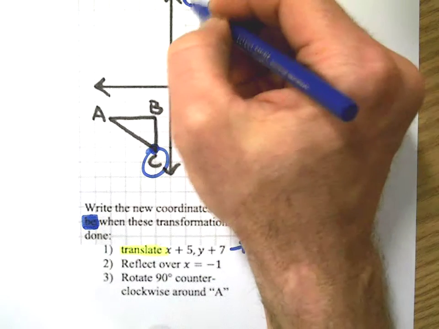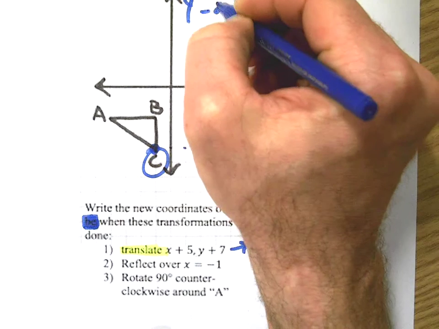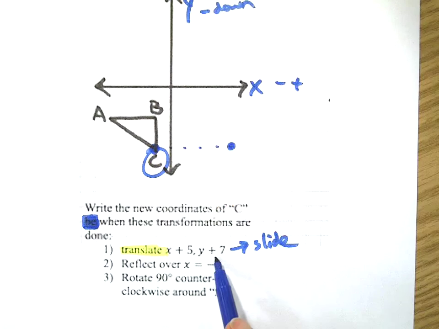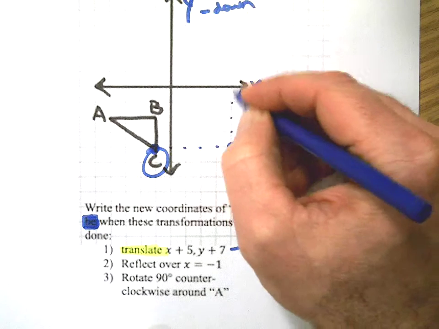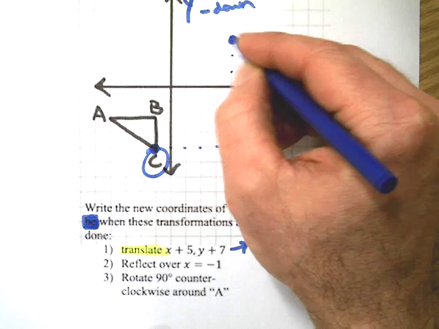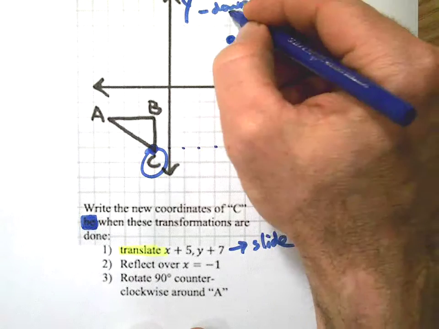Then we're going the y-axis. Up is positive, down is negative. This one says go up 7. 1, 2, 3, 4, 5, 6, 7. There's the location of C. And let's go ahead and draw it in its new location.